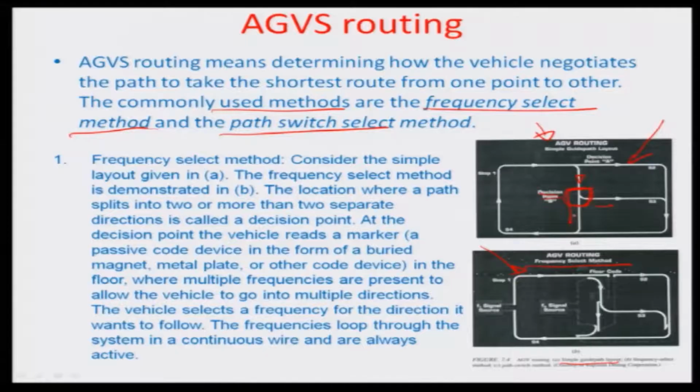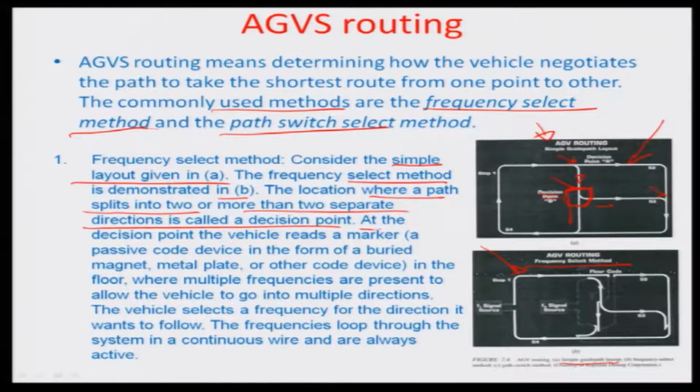Consider this simple layout given in A and the frequency select method demonstrated in B. The location where a path splits into two or more separate directions is called the decision point, like right about here is a decision point, or maybe here, or here, wherever there is a splitting up into two or more tracks.